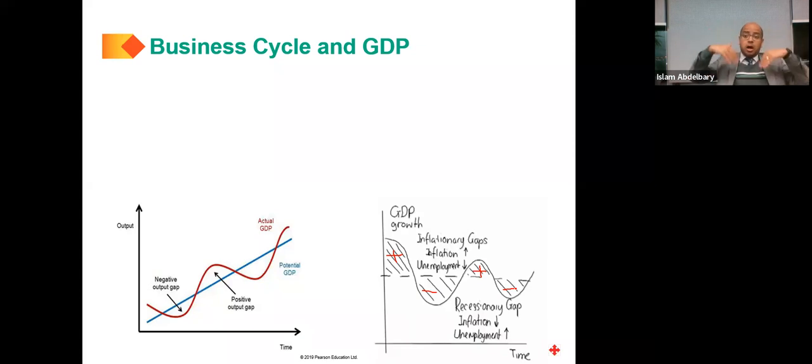When we are above the potential, everything is high: growth, employment, prices. We call it inflation when prices increase at a consistent rate. And we never use the term employment; we use unemployment. We will know later why we use unemployment rather than employment.